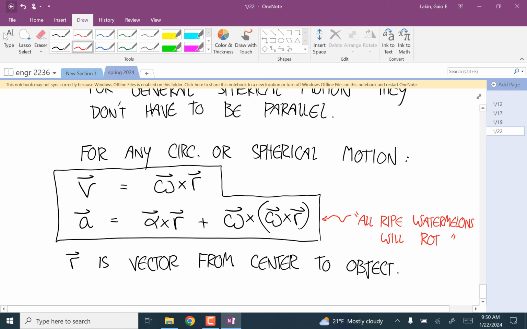So the alpha is an A: all ripe watermelons will rot. And you can remember the grouping. You have to group it this way, because what would happen if you grouped omega cross omega first? You get 0 if you cross something with something parallel to it, so this whole term would go away.